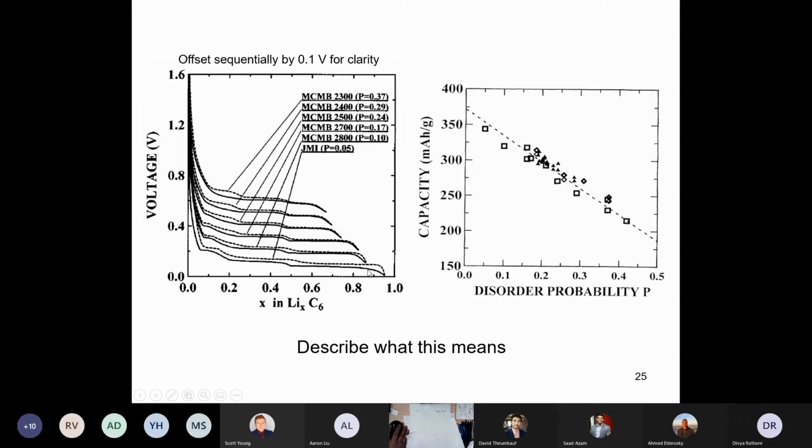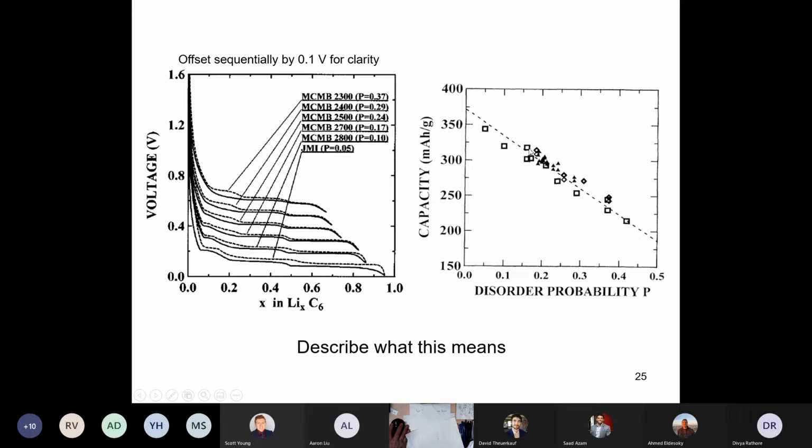And I think you can tell that the amount of lithium that you can put into the graphite gets less and less as the value of P increases. In fact, if you plot a graph of the capacity in milliamp hours per gram versus the probability for turbostratic misalignment between adjacent layers, you get virtually a straight line.